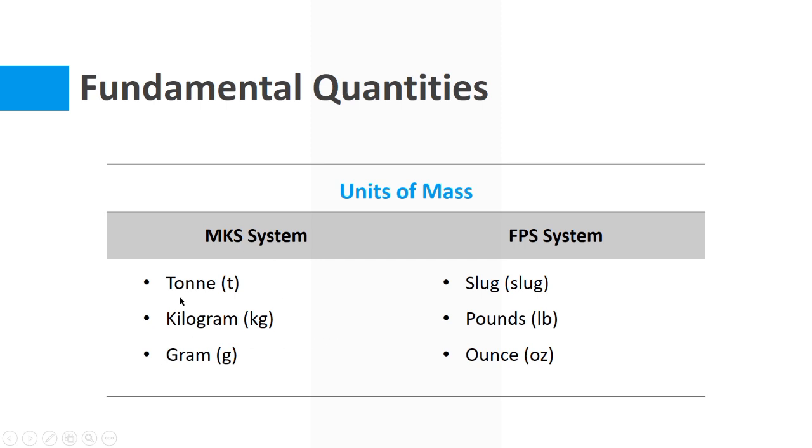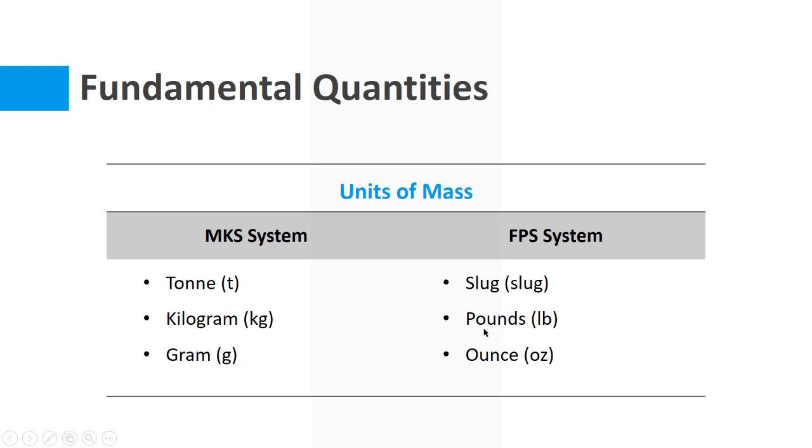For example, if we are analyzing a system in which we have to calculate the quantity of reinforcement, then we use the unit of ton. But if we consider small quantities, then we use kilogram and gram. In the FPS system, we use slug, pound, and ounce.